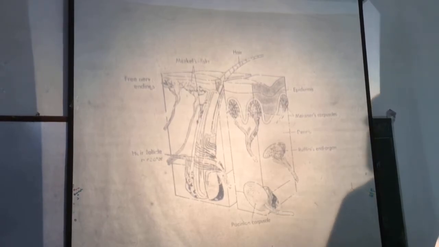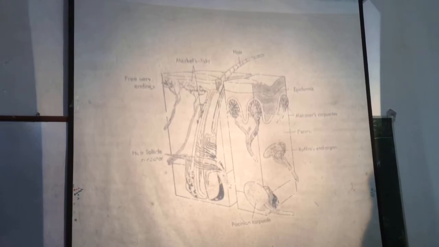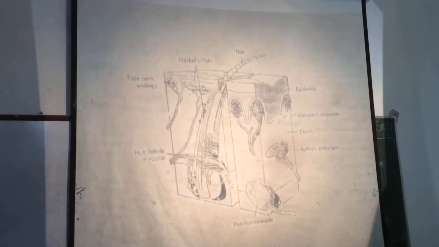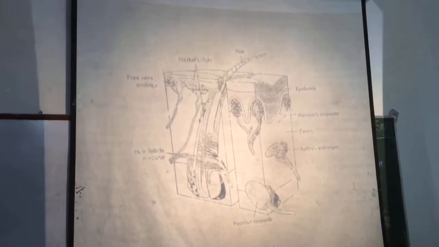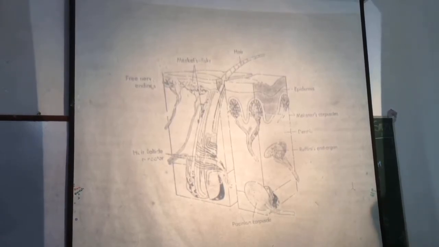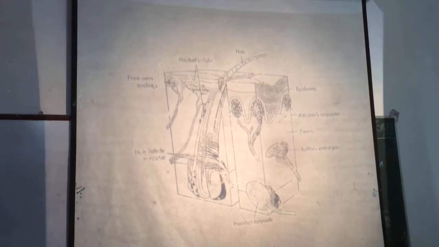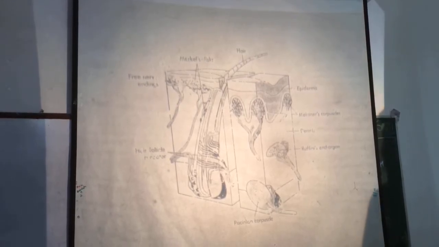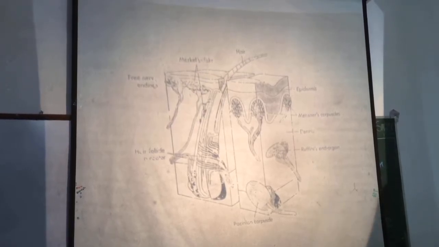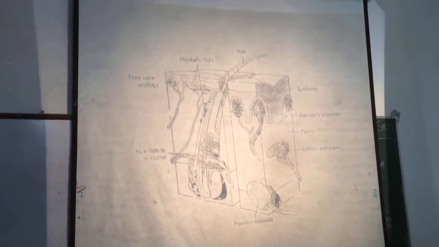So Meissner's corpuscles are involved in fine touch, 2-point tactile discrimination, and vibration of low frequency. These undergo a rapid adaptation.